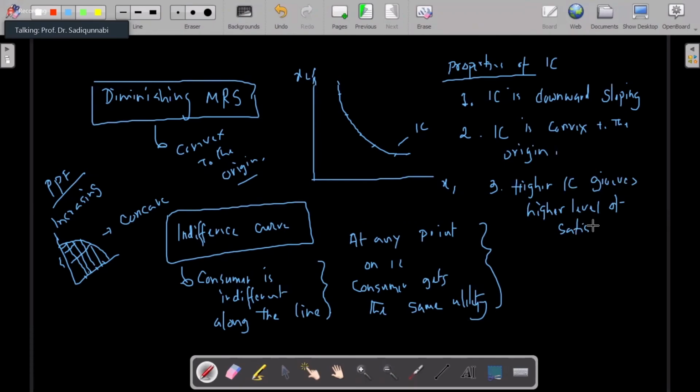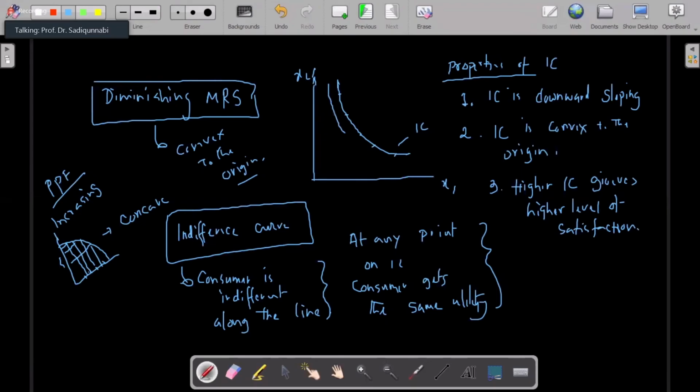I'm writing and then I will take your question. You see that higher IC means, suppose our income increases, there is a series of ICs.